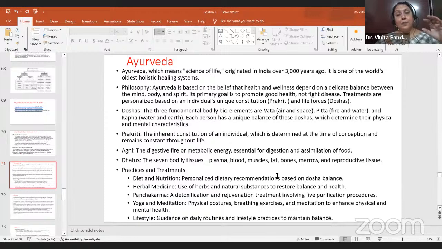So what you call prakriti and dosha, what kind of doshas we have. Usually Ayurveda recognizes three fundamental doshas, or bioelements in the body: vata, which is air and space; pitta, fire and water; and kapha, water and earth. Each person has a unique balance of these doshas, which determines their physical and mental characteristics.